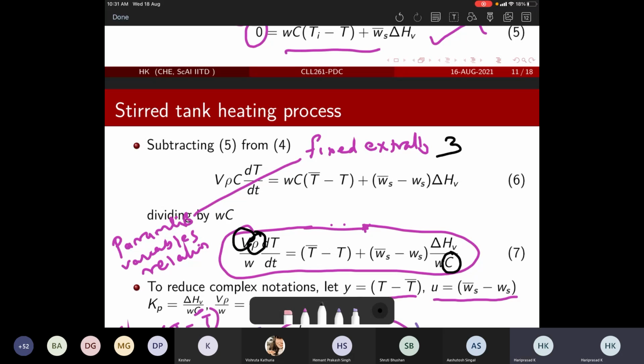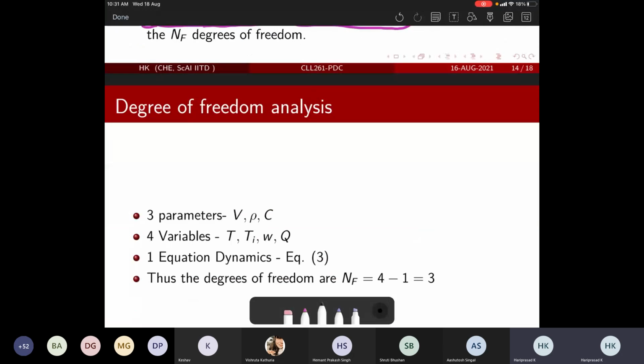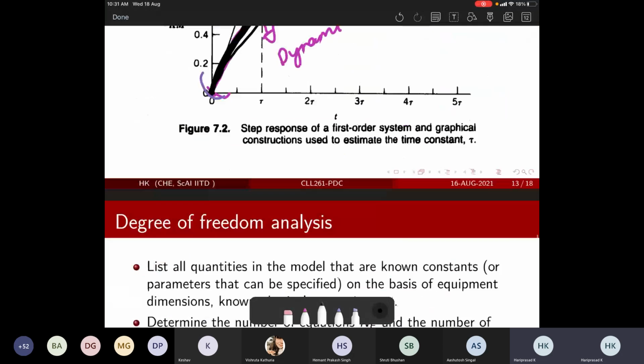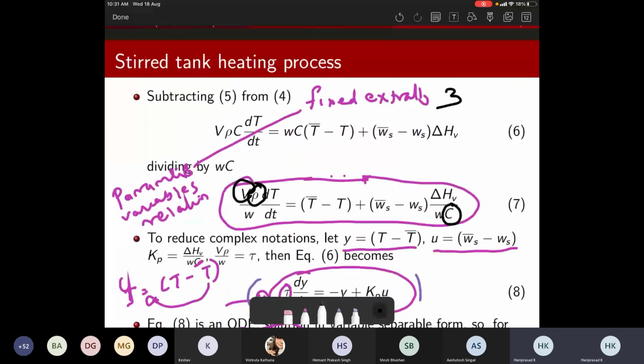So how many relationship equations do we have? We are at equation 7. We have only one equation that connects all the variables. And how many variables, in the sense of those that vary with respect to time?